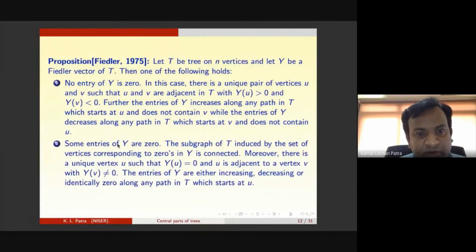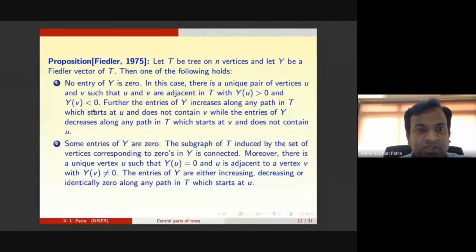And if some entries of Y are 0, then the subgraph of T induced by the set of vertices corresponding to 0 is always connected. Moreover, there is a unique vertex U such that Y(U) equals 0 and U is adjacent to a vertex V so that Y(V) is not equal to 0. That means this U will behave like a characteristic vertex.